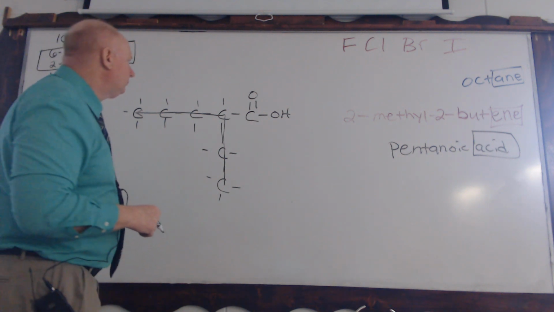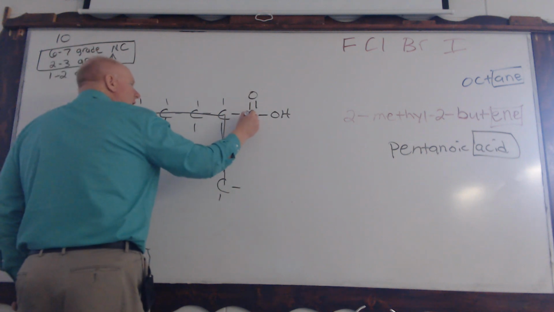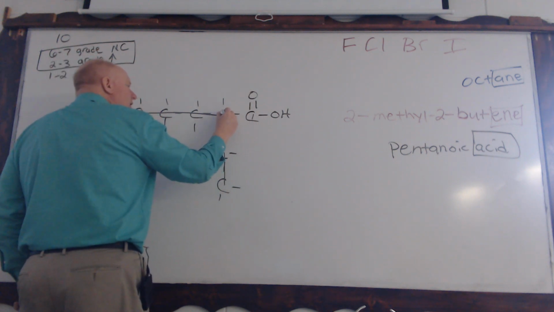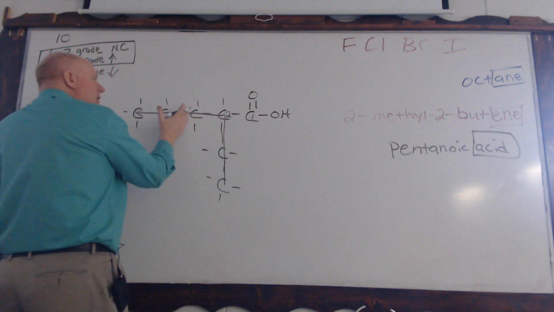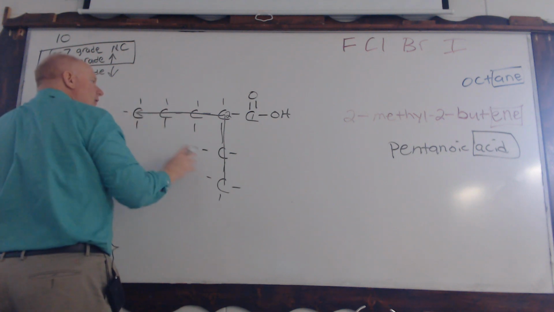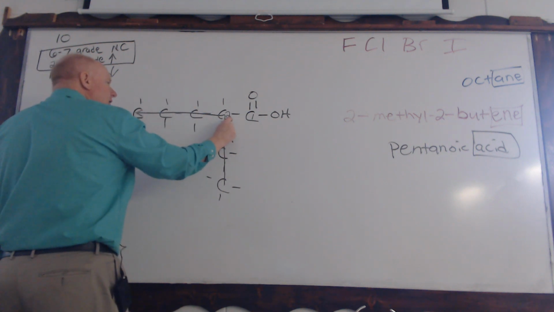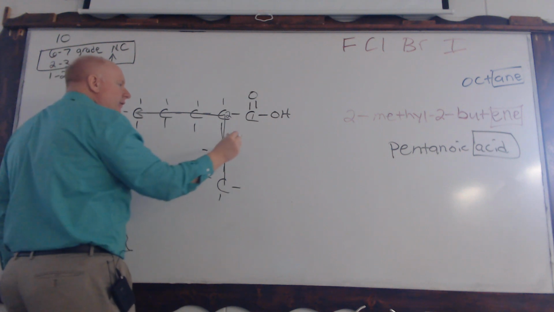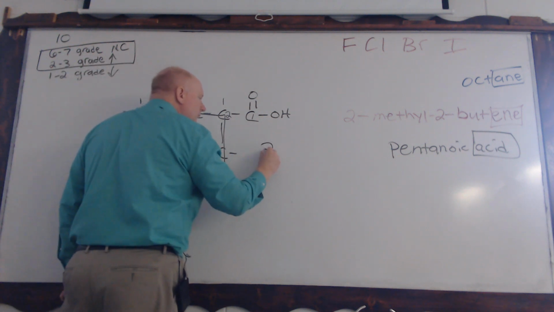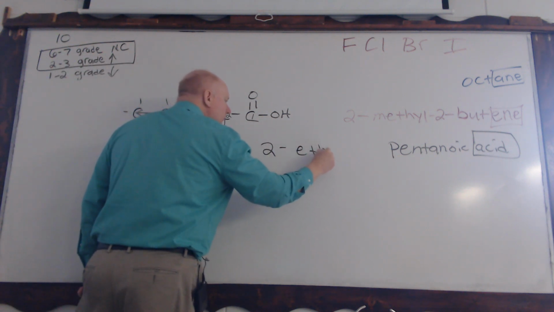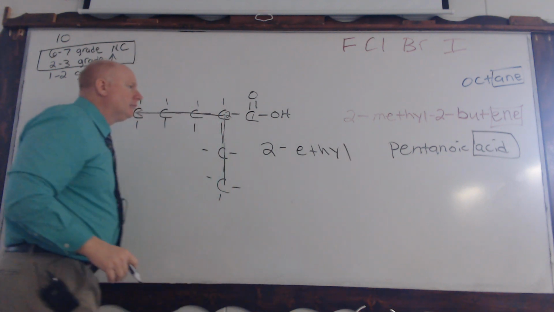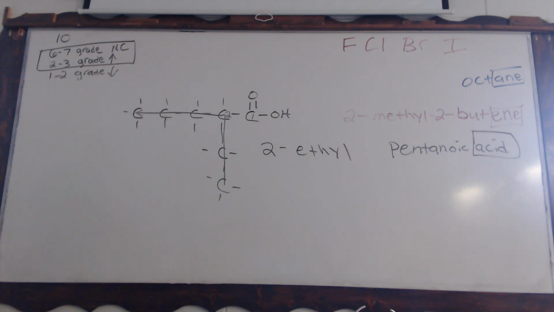Now, what if the carbon? So this has to be number 1. This one's number 2. And then, of course, moving so on and so forth. So on our second carbon, what do we have? What if the ethyl group was on the first carbon?